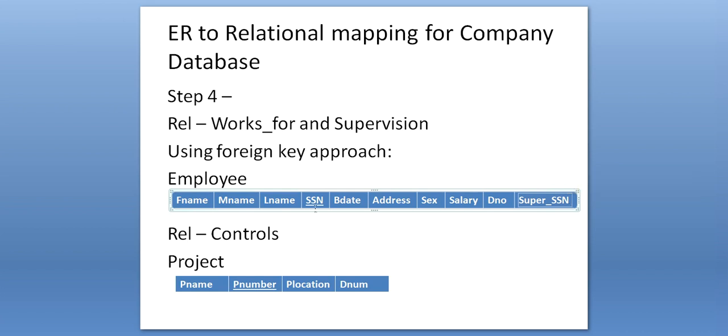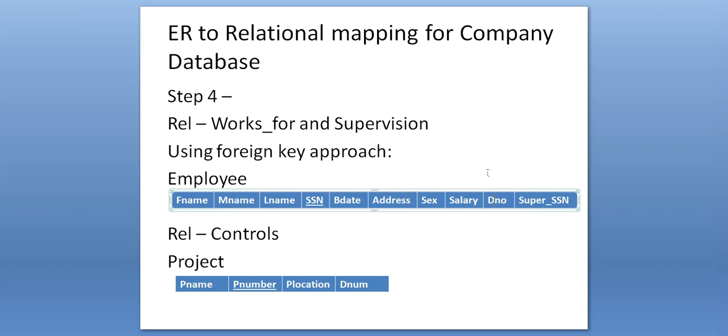A foreign key refers to the primary key of the referenced relation, so it is the SSN, referring to this SSN. And the DNO foreign key refers to the primary key of another relation. That is by using the foreign key approach.